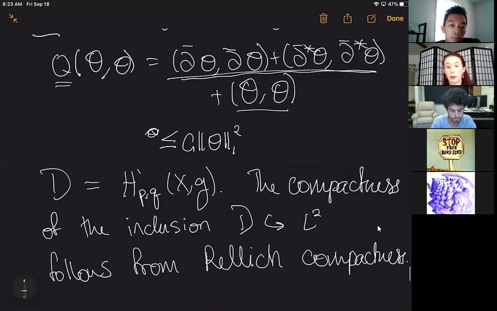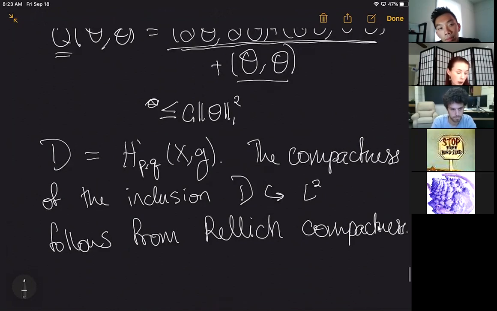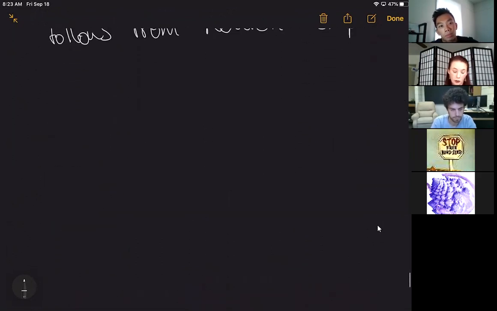And remember that part of the hypotheses of the Rellich compactness theorem is that your space is relatively compact, but our space is compact, and so we can apply it here. Okay.